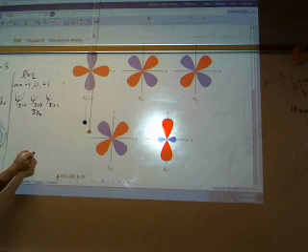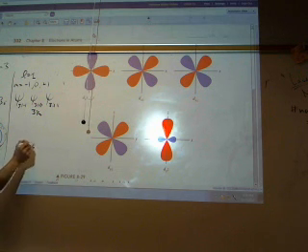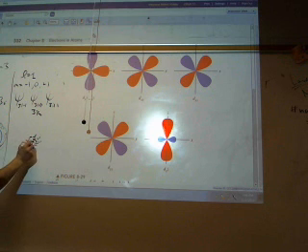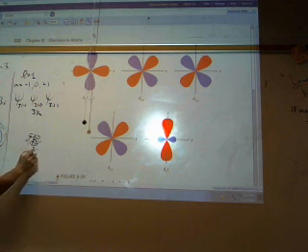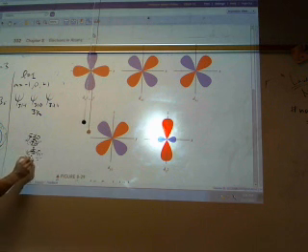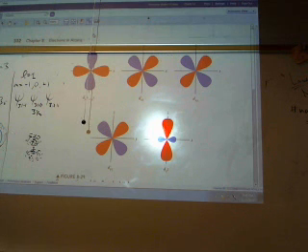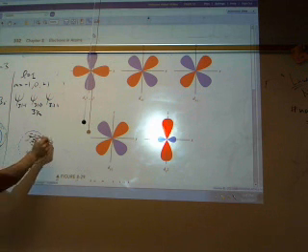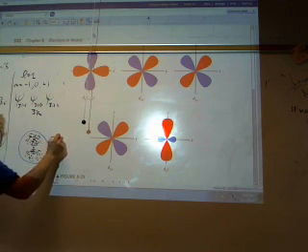The 3pz is going to have a cloud distribution that looks like this. We're going to see some probability here along the z-axis, like this, and down here, above and below the nucleus. And then there's going to be a node. The type of node we have is like this in the S. It's a spherical node.